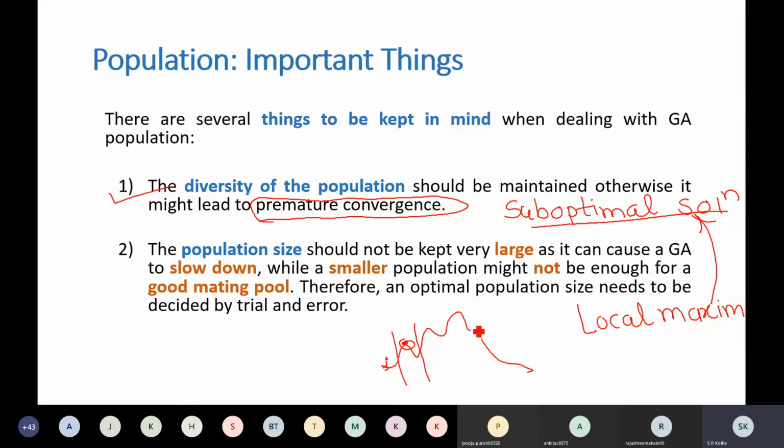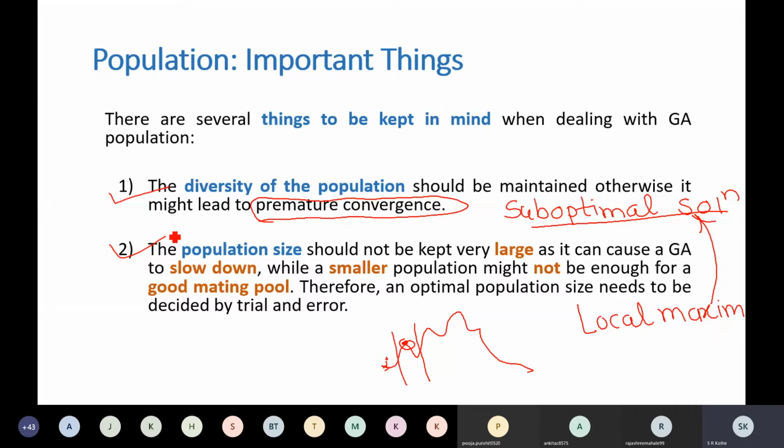Therefore, diversity in the population has to be maintained. That is premature convergence. Another important thing that we should keep in mind is that population size should not be too large, and it should not be too small. If it is too large, the algorithm will slow down. It will take a considerable amount of time. But if it is very small, then you will not be able to find a good mating pool.